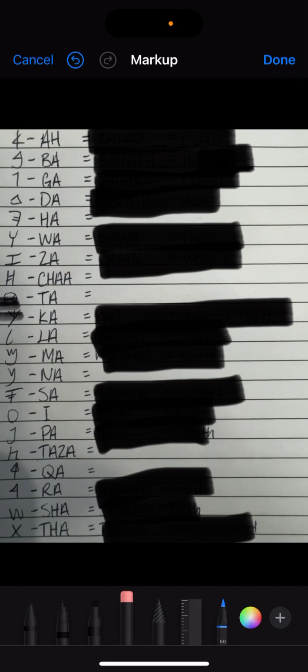So for the first one we have a, and it derives from alap, and alap means cattle. If you go over here, you'll notice two small, sharp points on your right-hand side, and then one little point on your left-hand side, almost like an arrow going to the left.